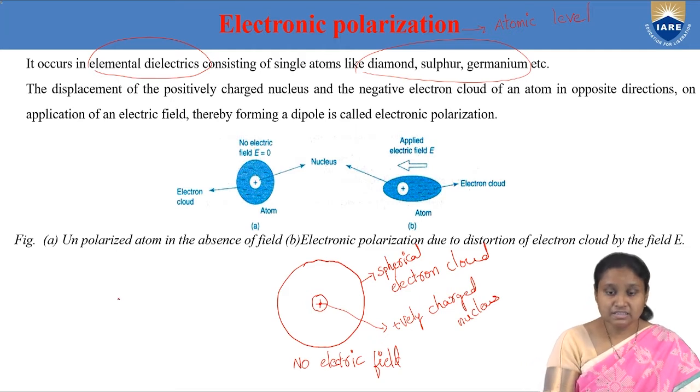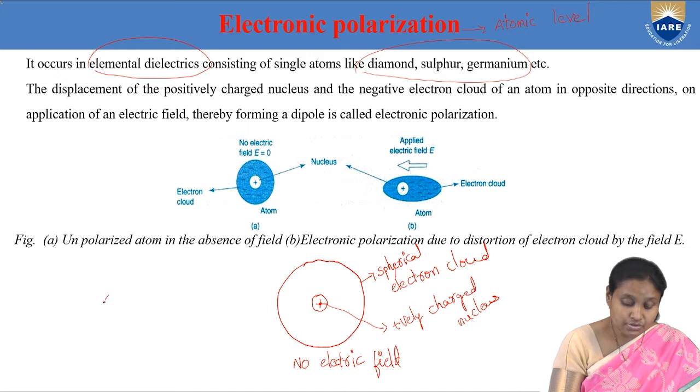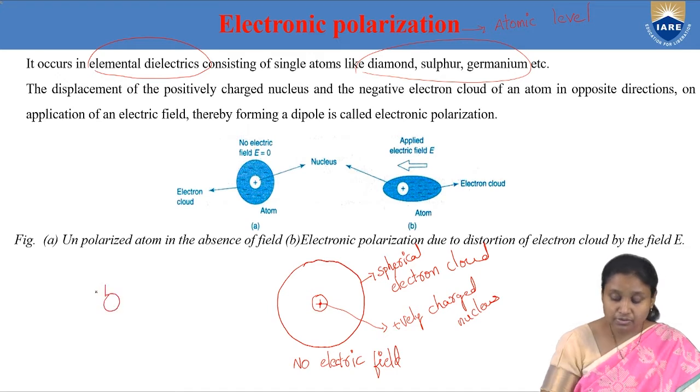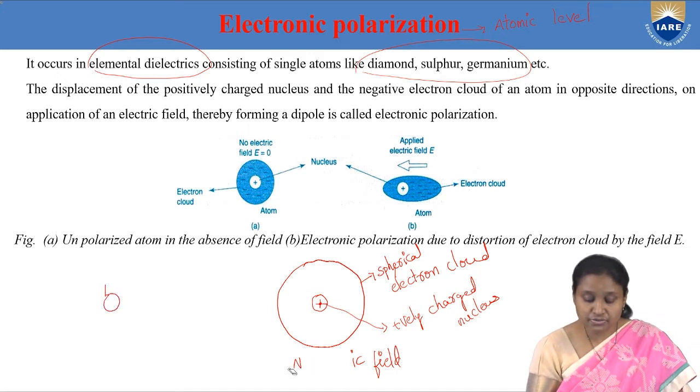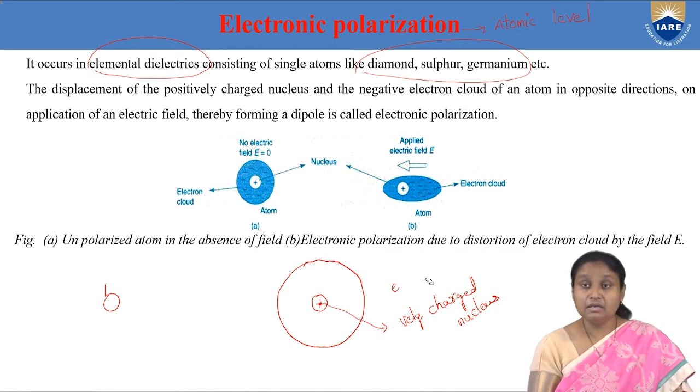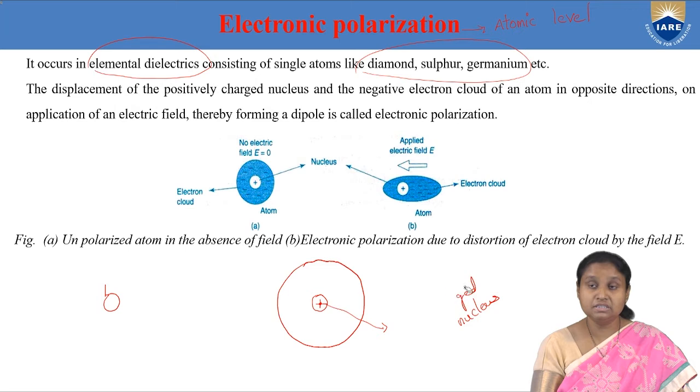Then, if I consider the case when we apply an electric field, again I take my nucleus. Suppose this is our nucleus, and in this figure, this is our original electron cloud, which is there in the absence of the electric field.